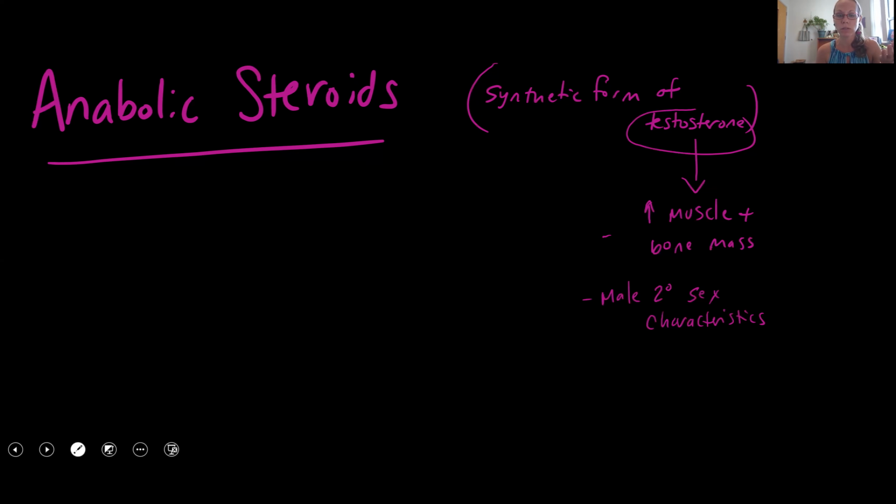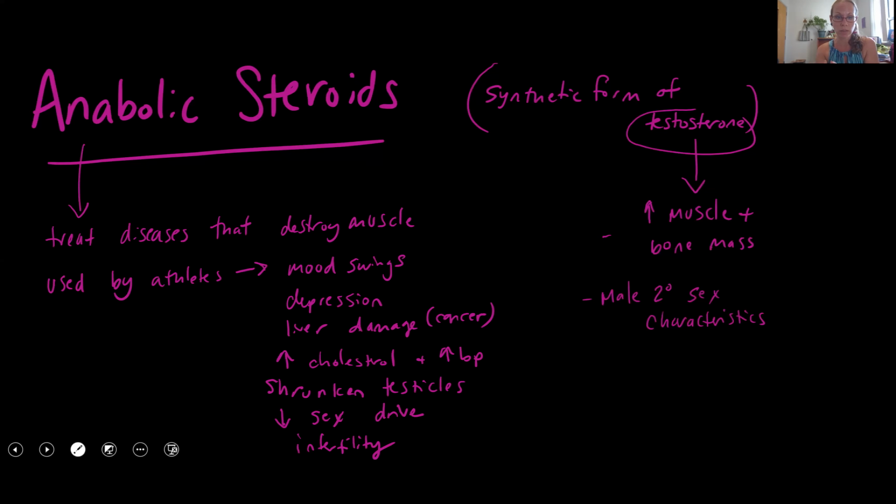So if you administer anabolic steroids, you still get the increase of the muscle mass, you still get the increase of the bone mass, and you're still getting some of those secondary sex characteristics. So we can use anabolic steroids to treat some diseases that destroy muscle to help increase the production of that muscle. And some athletes will use anabolic steroids as a way to increase muscle mass, right?